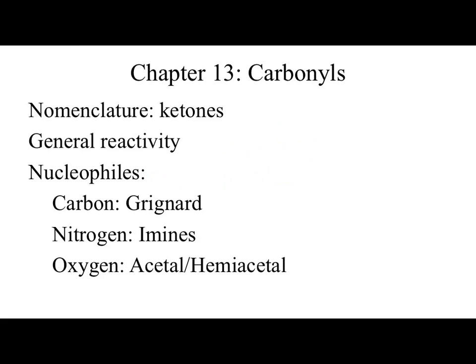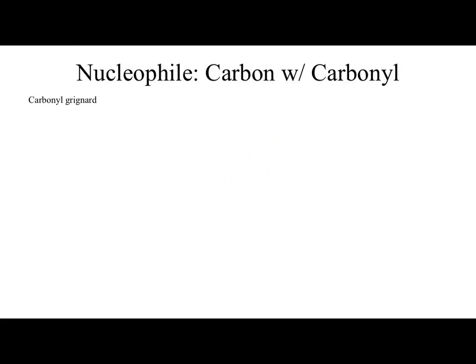Okay. Like I said, I don't really have a lot of these prepared. So there's going to be a lot of drawing at this point. Okay. So to get a carbonyl reacting with a Grignard, what we're going to do is first just show an example of a carbonyl reacting with one.